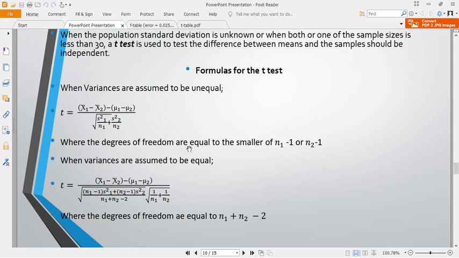The degrees of freedom are equal to the smaller one of n1 minus 1 or n2 minus 1. Remember, we are comparing two samples, so whatever is smaller is what we consider as our degrees of freedom. But when variances are equal, our degrees of freedom will be n1 plus n2 minus 2.